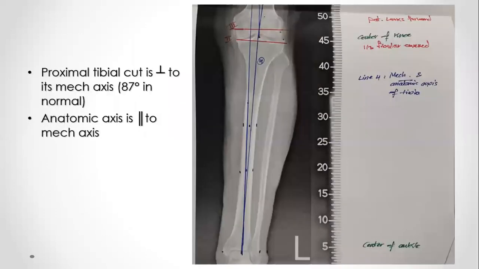What about the tibia? The tibia here must be perpendicular to its mechanical axis. In the previous webinar, we suggested that the mechanical axis of the tibia is the same or it is parallel to that of the anatomic axis. Both of them are from the center of the knee to the center of the ankle.